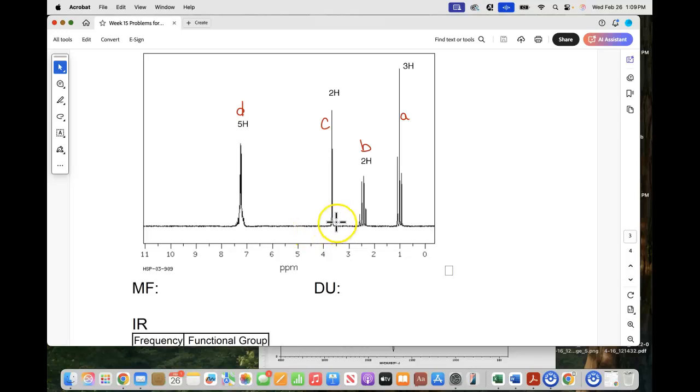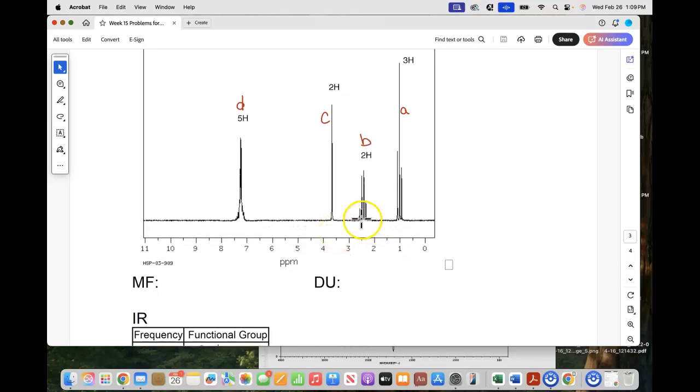The singlet at 3.6 suggests a benzylic CH2. And then this 2H integration at roughly 2.5 parts per million, and a triplet at 1 part per million, match an ethyl substituent.